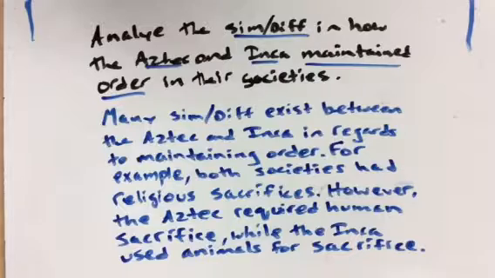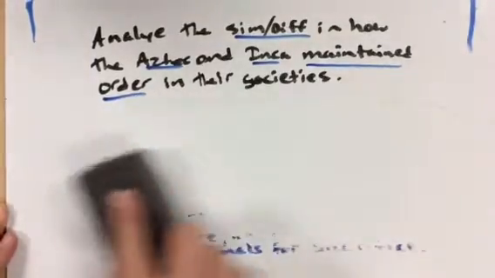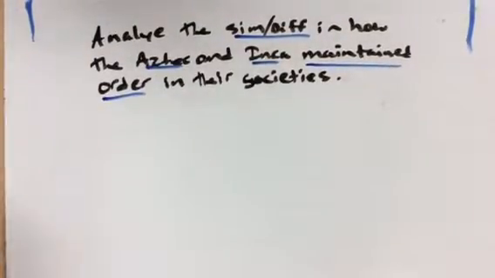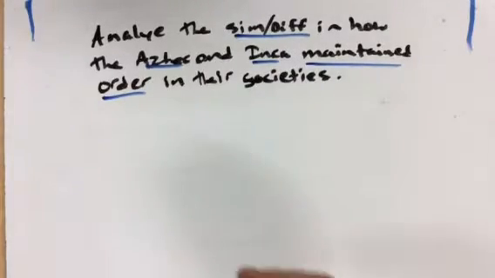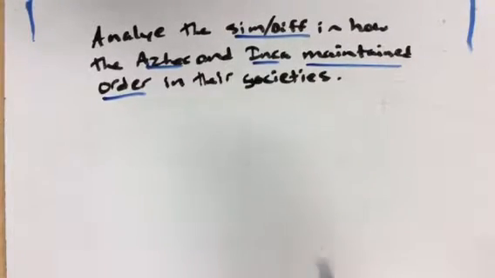Okay. The next part would be the similarities paragraph. Okay, and I'm just going to erase this here. The similarities paragraph does not have to be the same theme as the thesis.